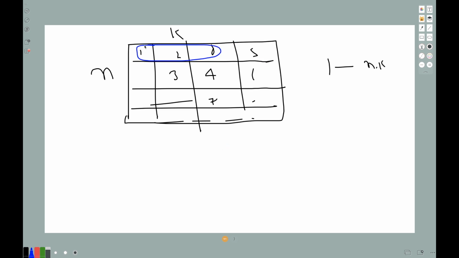Its sum is 8 plus 2 plus 1 divided by 3. That is 11 by 3. This is not an integer, right? So this does not belong to the integer set. So this violates the constraint, and this becomes an invalid matrix. So basically we want the sum of every subarray in every row to be divisible by its length. That's the same thing said differently.